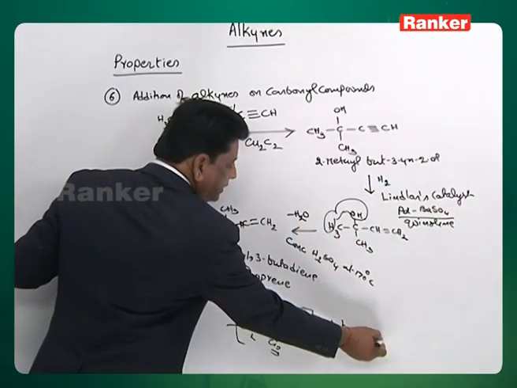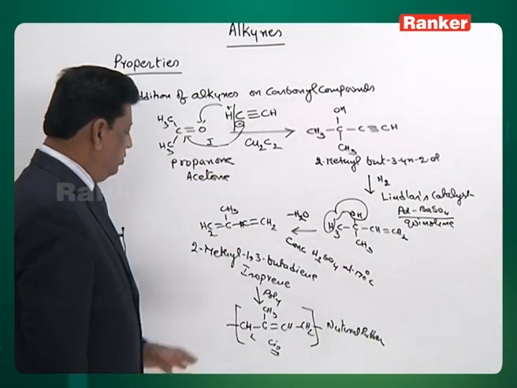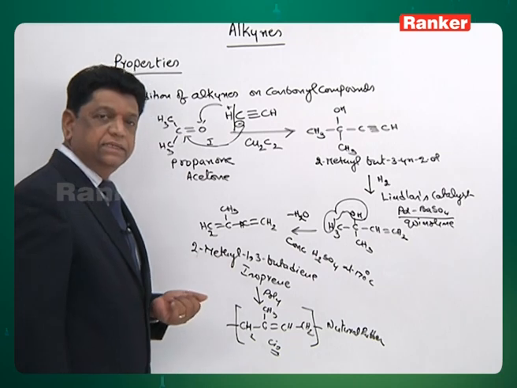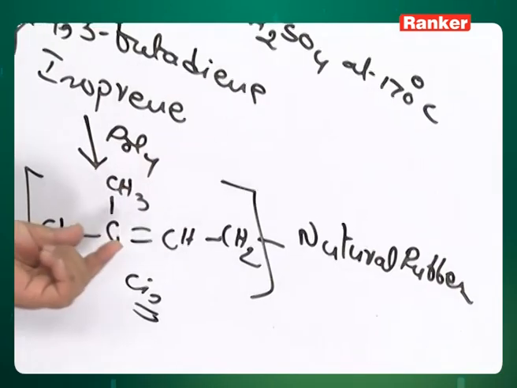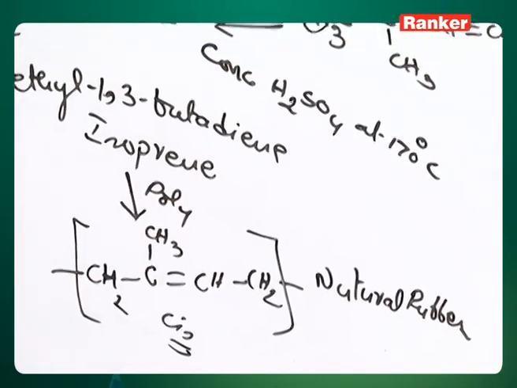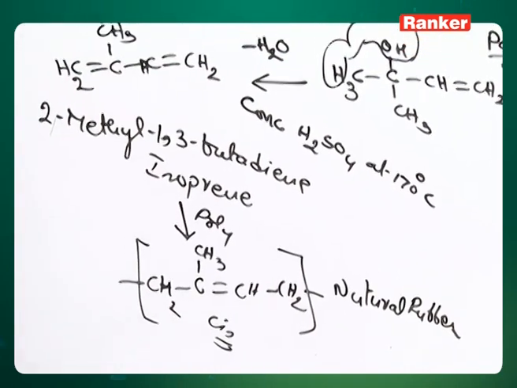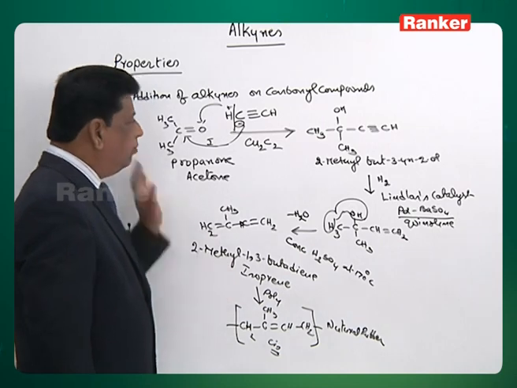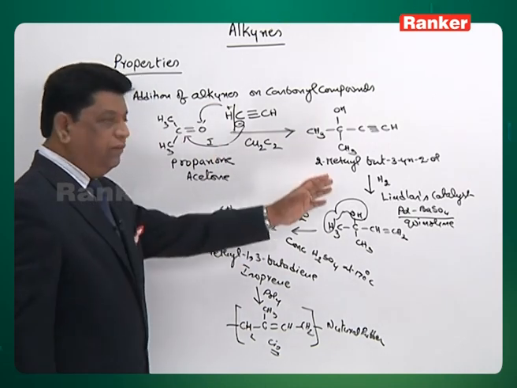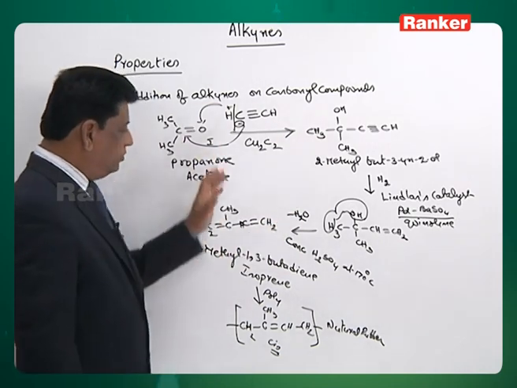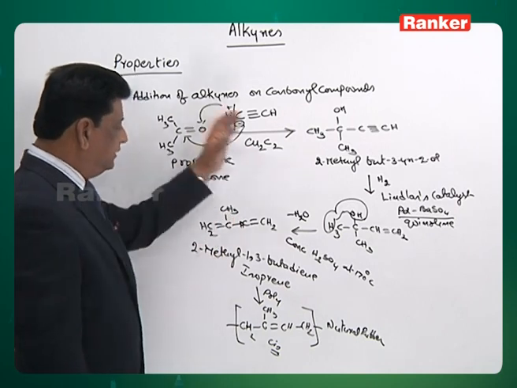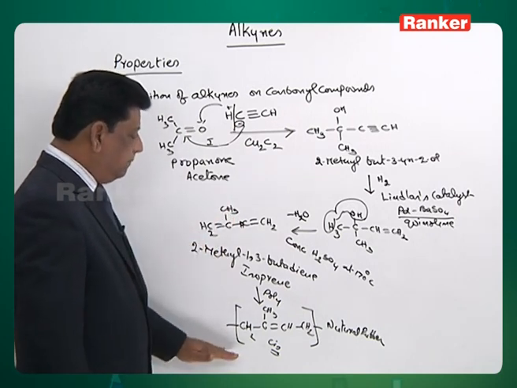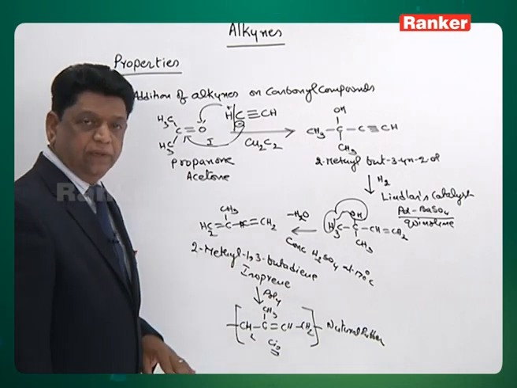The polymerization should be controlled using a specific catalyst like Ziegler-Natta catalyst, so that only the cis form is formed. Only the cis polymer has the elastic property known as natural rubber, but this is no more natural. We are synthesizing it totally outside the plant, isn't it? Synthetically we have prepared an equivalent to natural rubber.